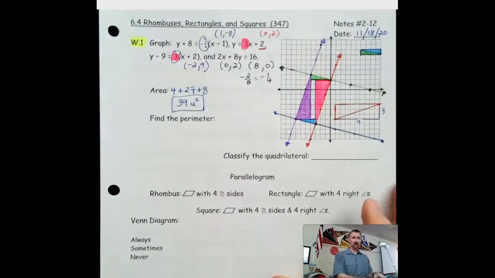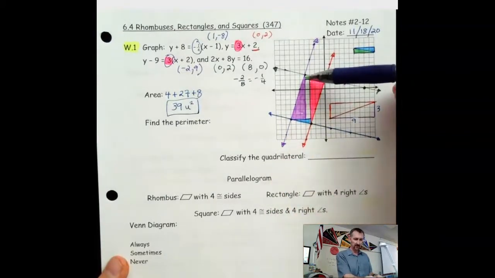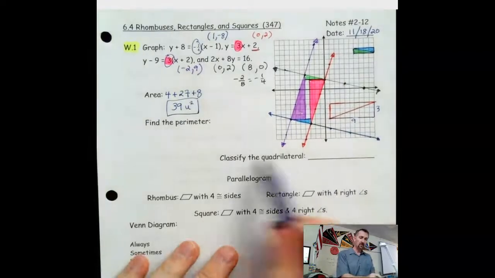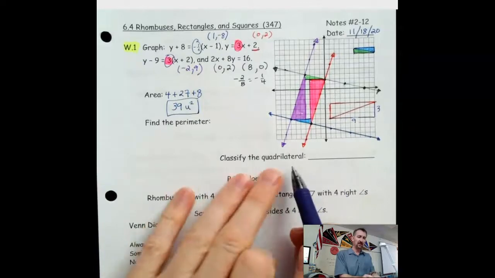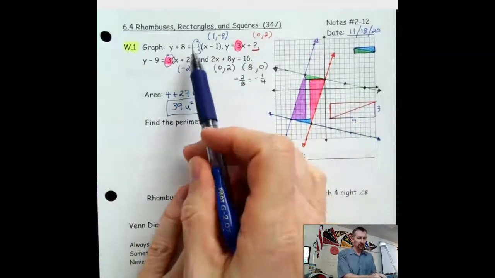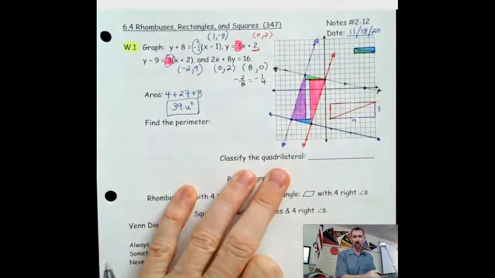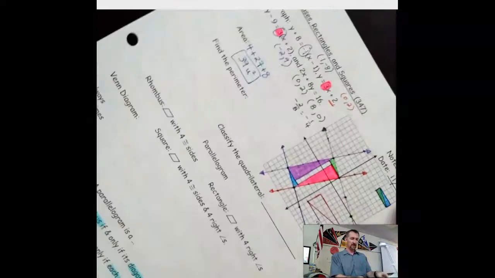So some students get a little confused when you're trying to draw those lines. They need to be perfectly meeting. So before we go on to the perimeter, let's just do the classify the quadrilateral. So we noticed, hopefully, that these two slopes were equal and these two slopes were equal. So that means it's at least a parallelogram. Now, when you look at that, you might be wondering, is that a rectangle?